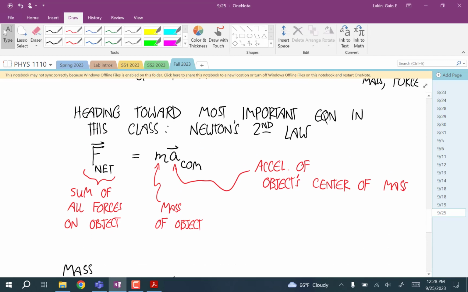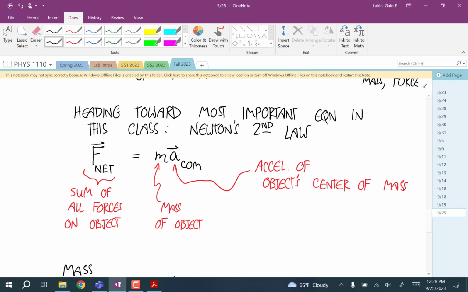Look up here at this equation. We'll talk about this more in the next couple of weeks. But look at Newton's second law and notice that the acceleration vector is multiplied times the mass. Well, if the mass is positive, what do you know about the directions of the acceleration and the net force? Think about the rules of multiplying a vector by a number.